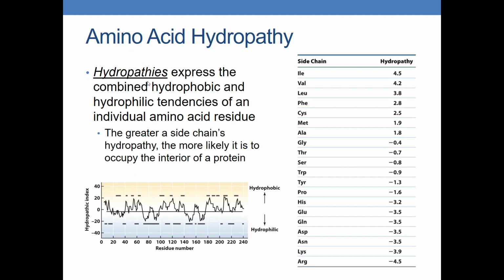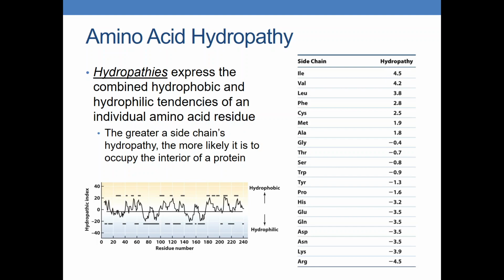So when we look at all 20 amino acids, on the right-hand side here, you'll see a table that contains all of this information. Every amino acid side chain, and here remember we are considering only the side chain because that is what determines whether an amino acid is overall polar or nonpolar, has a hydropathy index associated with it.